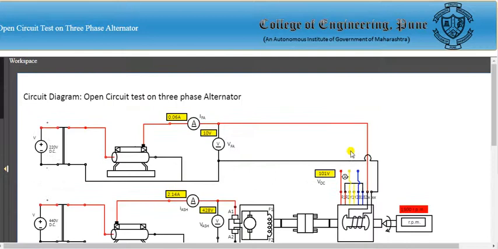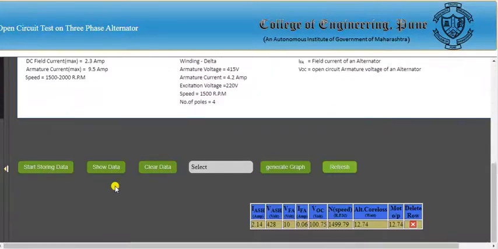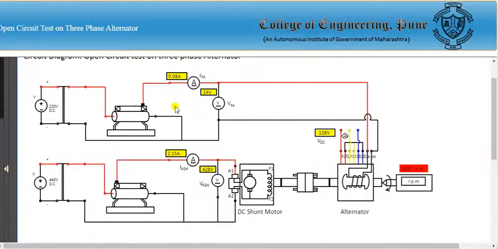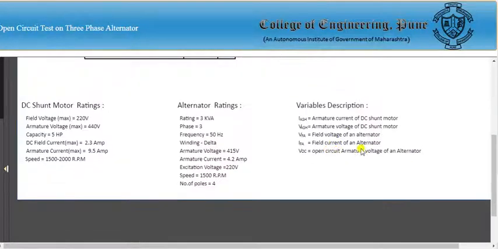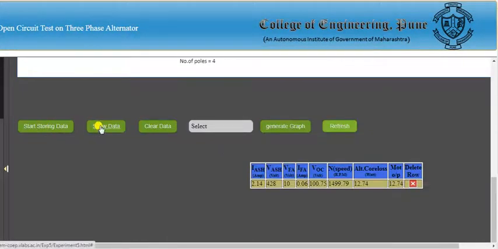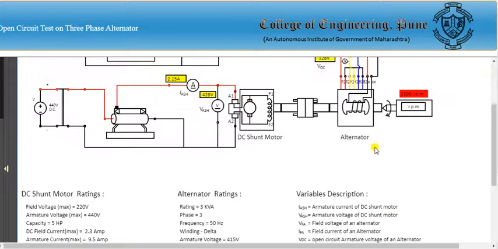Then again increase to 14 volt, and the rotor field current is 0.08 ampere, and open circuit EMF, see here, 128 volt. Store data, show data. Then the second row of the observation table will appear.